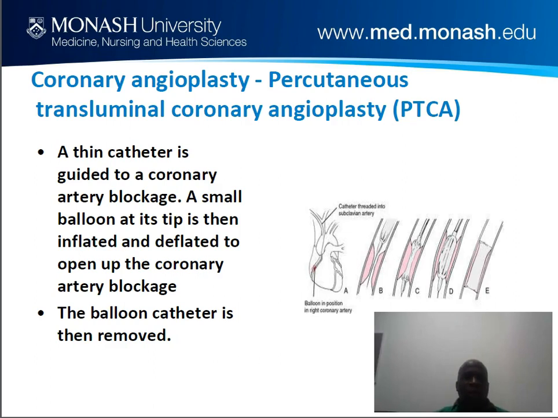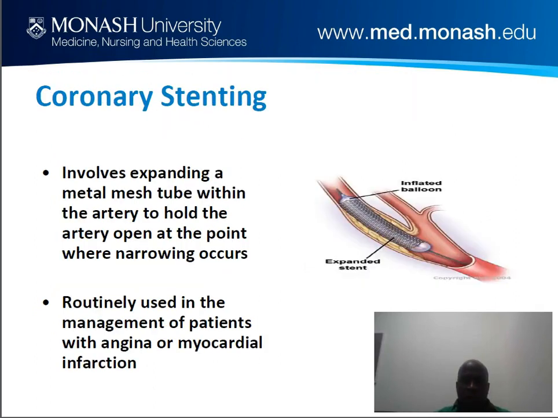Where the coronary artery is blocked, a thin catheter is inserted, and a small balloon at its tip is then inflated, increasing and deflating the balloon at the coronary artery blockade, and after that the balloon catheter is then removed, which means the catheter remains in that position, opening the artery at the point of blockade, allowing the blood to flow.